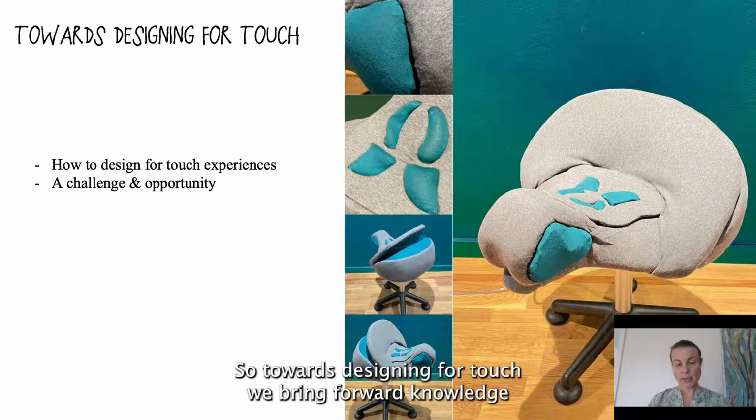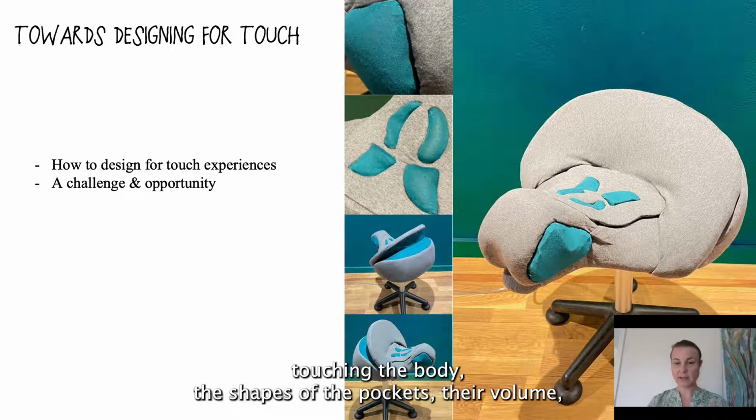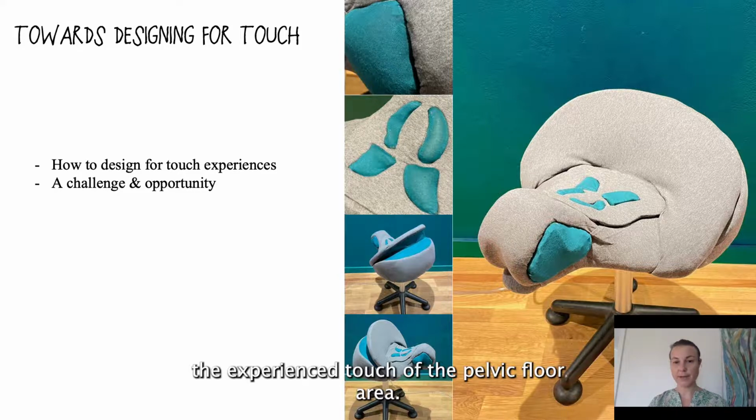So, towards designing for touch, we bring forward knowledge on how the layers of materials, the areas of the chair touching the body, the shapes of the air pockets, their volume, and how they inflate or deflate over time, all affect the experienced touch of the pelvic floor area.